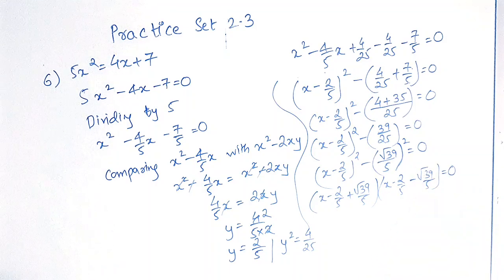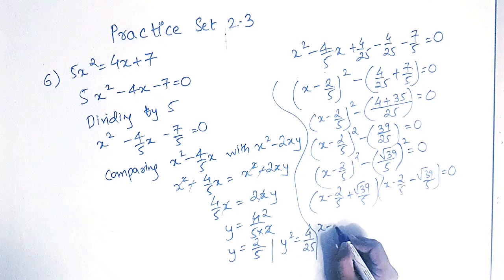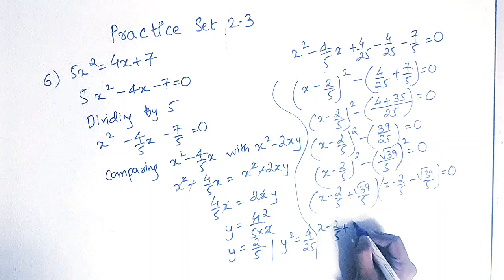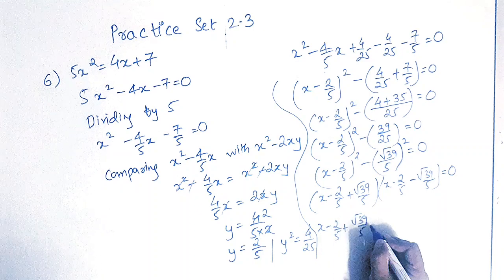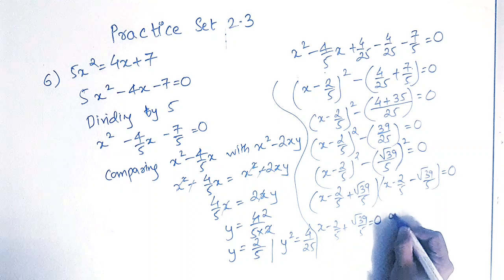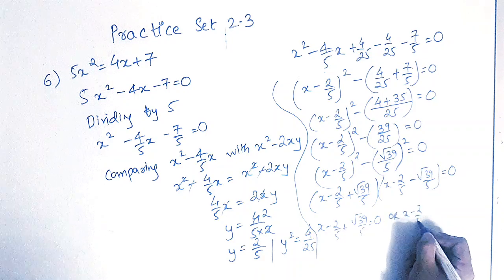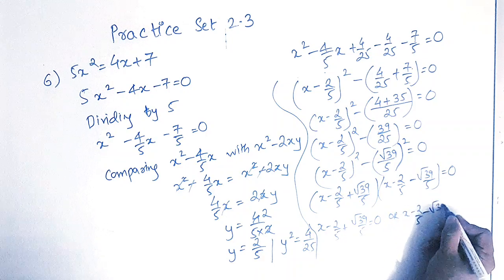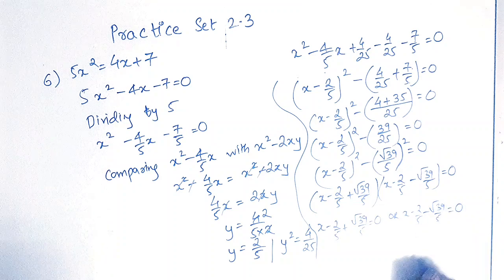equals to 0. Okay, that means x minus 2 upon 5 plus root 39 upon 5 equals to 0, or x minus 2 by 5 minus root 39 by 5 equals to 0. Either this bracket is 0 or the other bracket is 0. That is why we are getting the product 0.